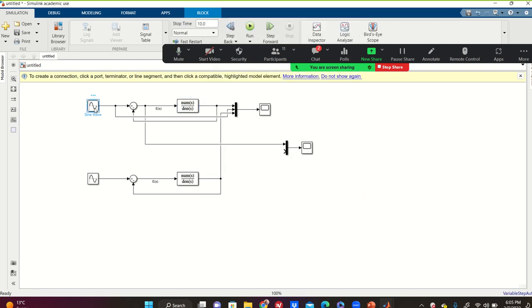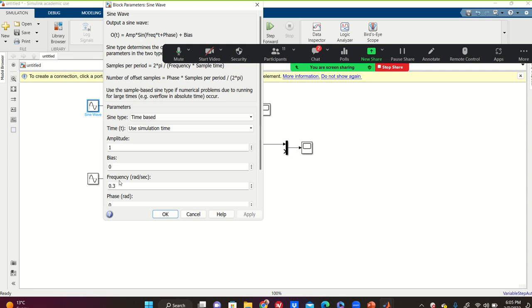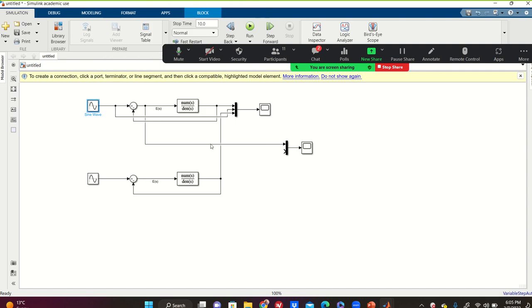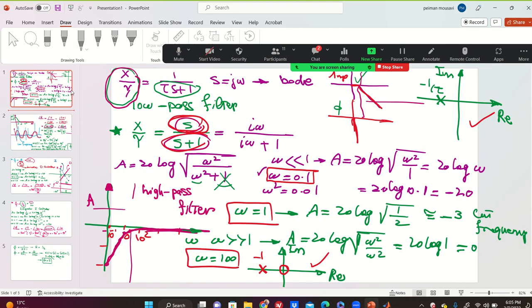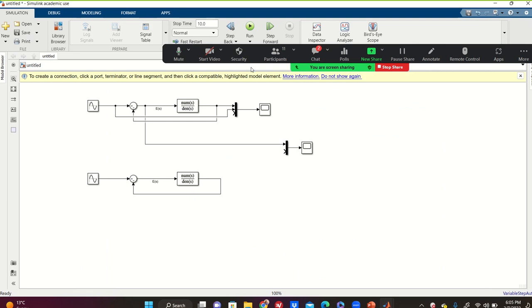So now let me try amplitude. So phase, okay, for the high pass filter. High pass filter means for low frequency, let me first cut it from here. I don't want to compare it first. For low frequency, based on the graph, the output has lower amplitude than the input. Okay, so let me run it.